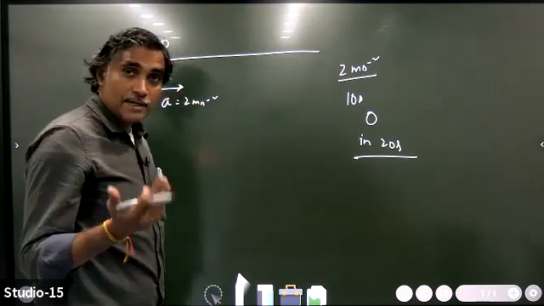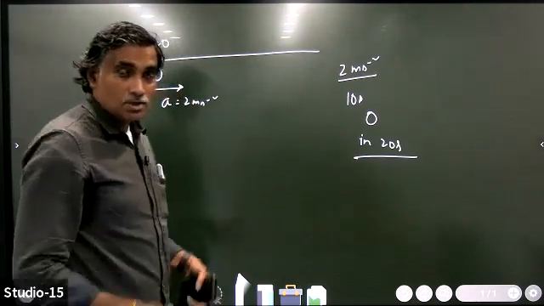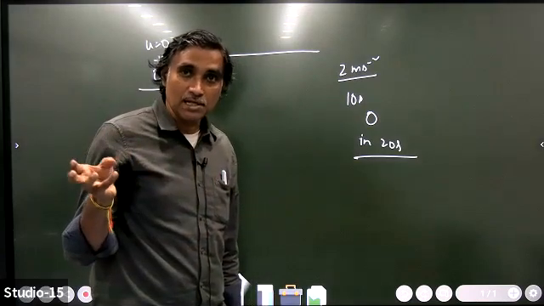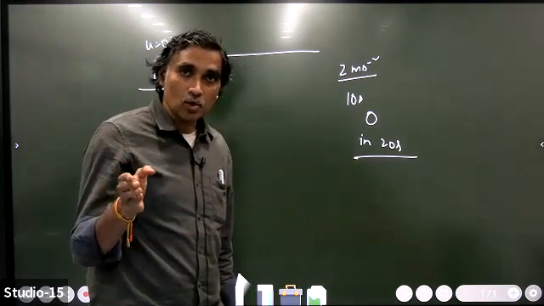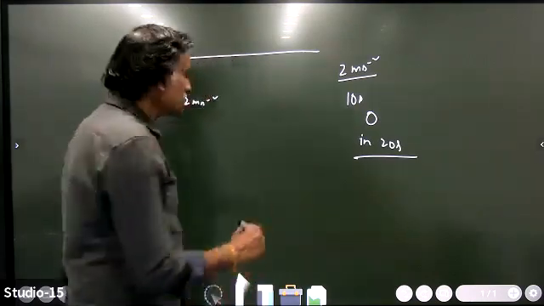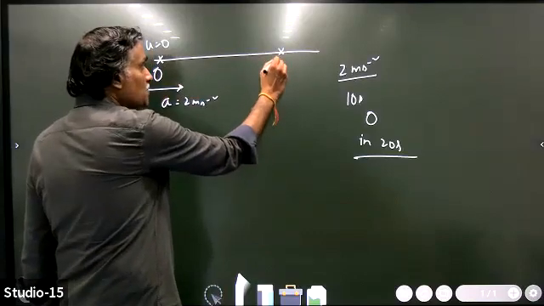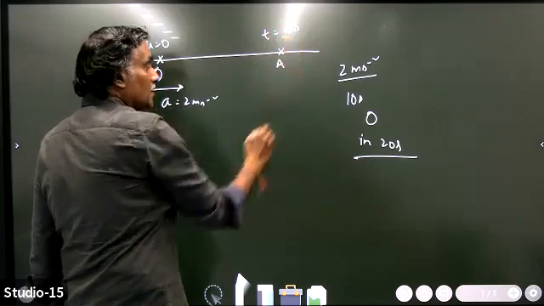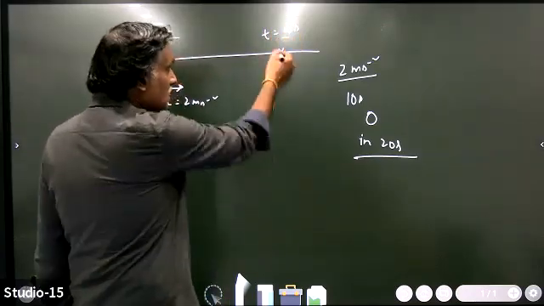After 10 seconds, acceleration has become 0. So after 10 seconds, what happens? As long as there is acceleration, velocity will change. Once acceleration becomes 0, it continues to move with the same velocity. So in the first 10 seconds, let us say it will reach point A at t equal to 10 seconds. Then we should find the displacement and velocity at A.